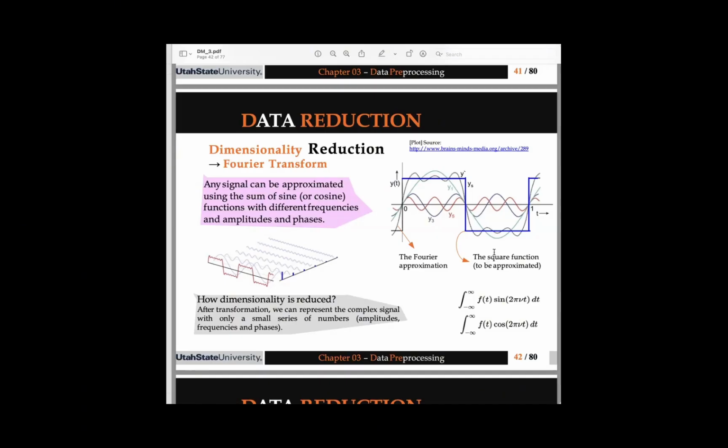So by doing this, a complex signal can easily be stored using far fewer parameters, because we can throw away the original time series, which is, let's say in this case, 100 dimensions, and I can keep only three pieces of information per sine curve. I can keep the frequency, the amplitude, and the phase of every single signal that I choose to use for my dimensionality reduction.